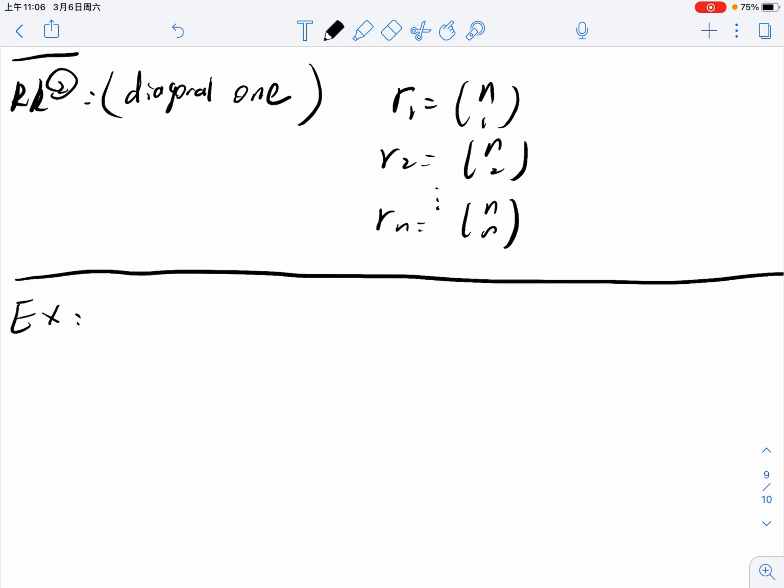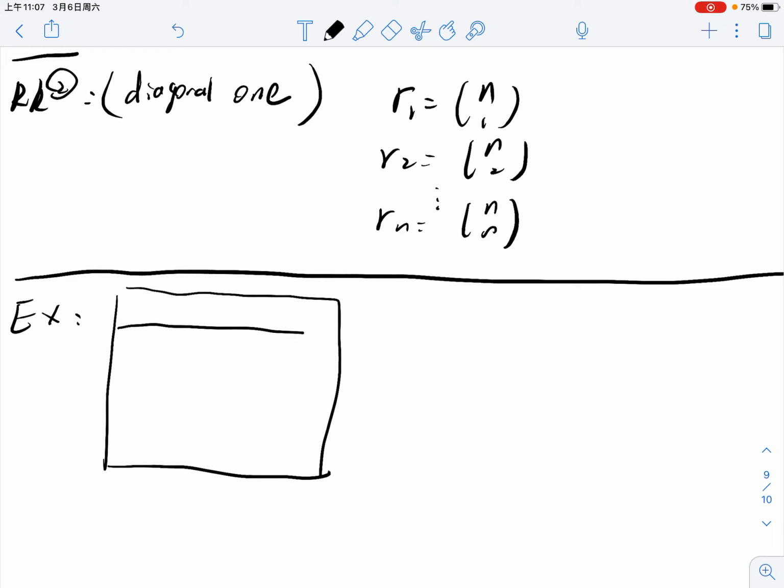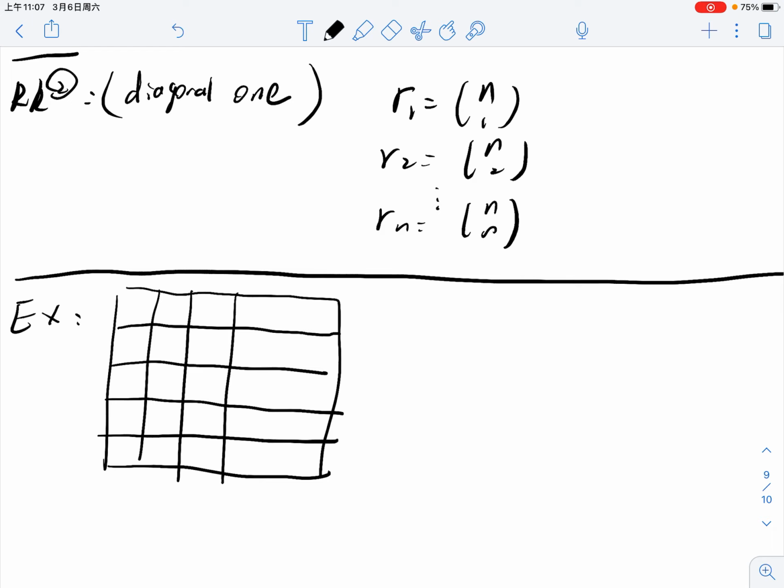Okay, next let's look at some not so nice examples. So first one, you have a 5 by 5 chessboard. I just randomly cross out some blocks.